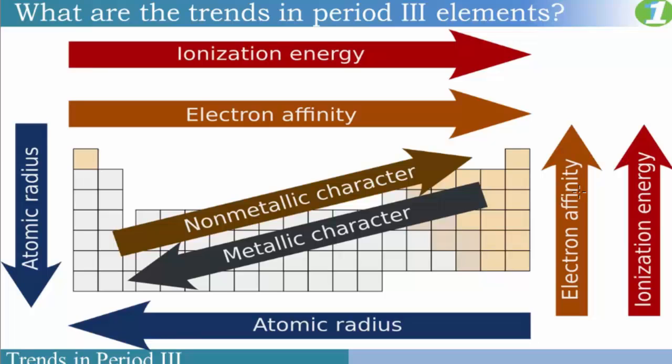Now, these electrons are not in a bonding pair, which is where the difference is with electronegativity. So remember that electron affinity is different from electronegativity. Electronegativity is just the ability to attract electrons in a bonding pair, while electron affinity is the ability of an atom to attract an electron, with no mention of a bonding pair.